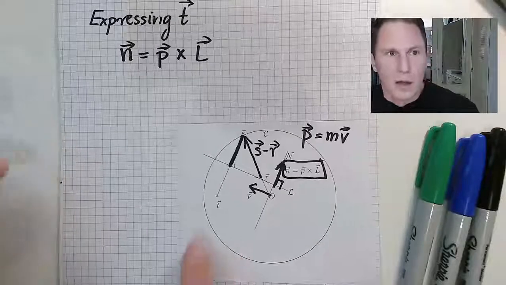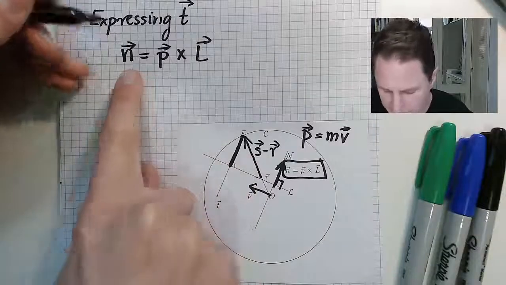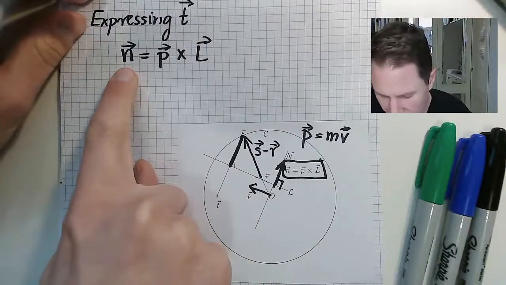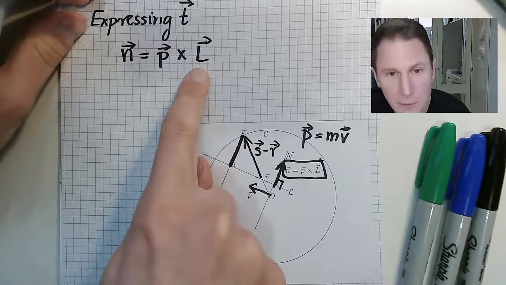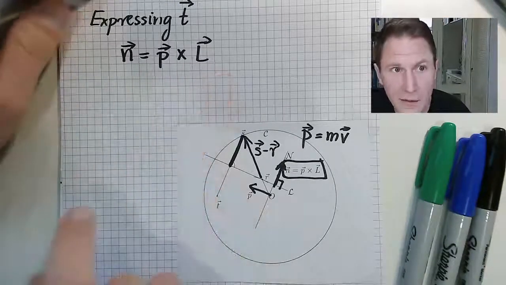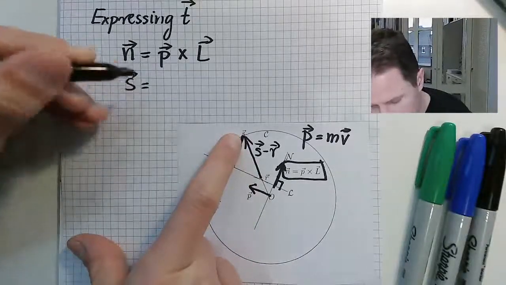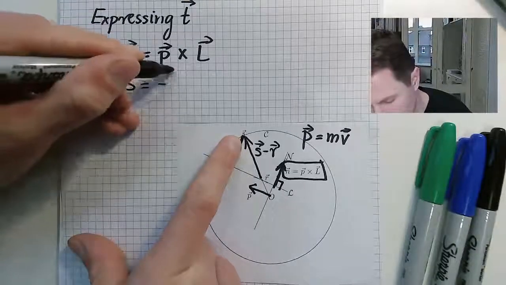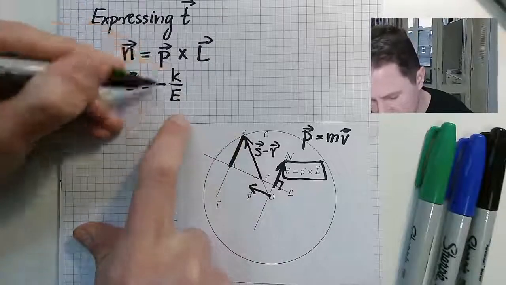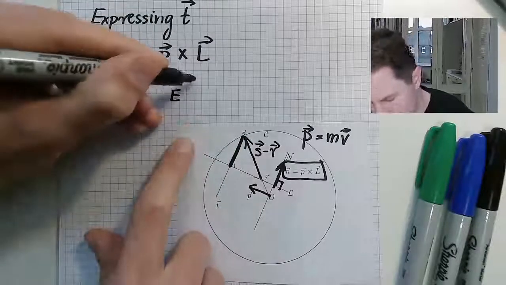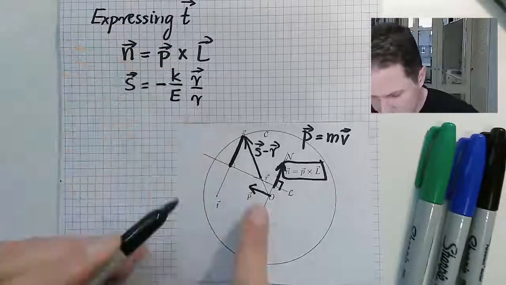Let me summarize what we know. We have this normal vector given by the vector product of the linear and the angular momentum, and then we have this vector pointing to the circumference of the circle, which has radius minus k over e. Remember, e is negative, so this number is positive, multiplying the unit vector along r.